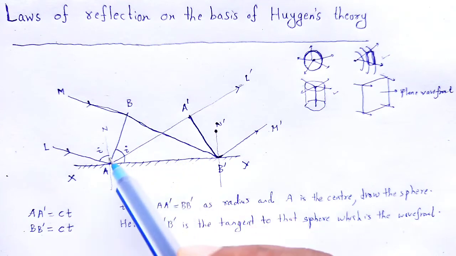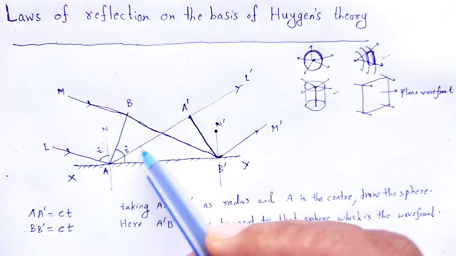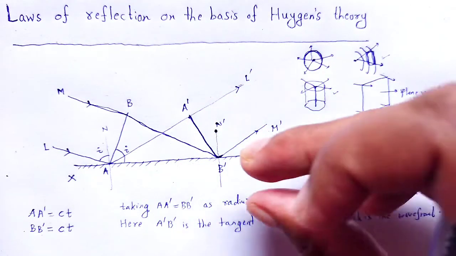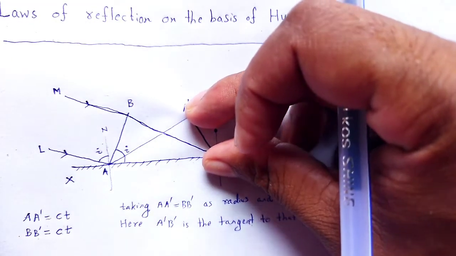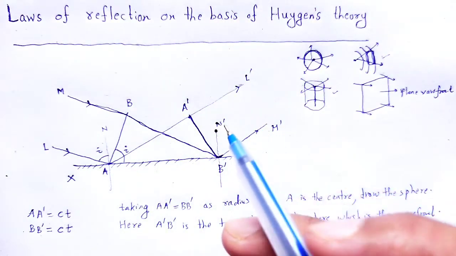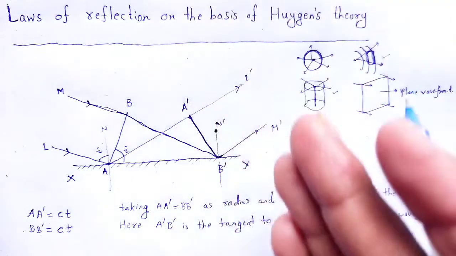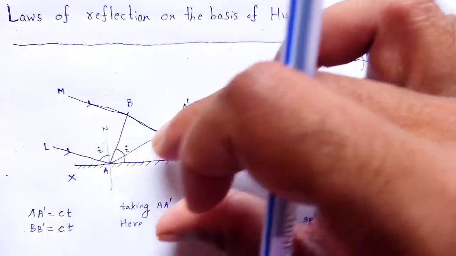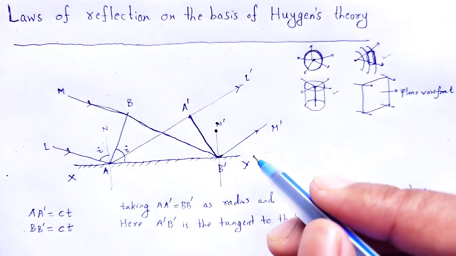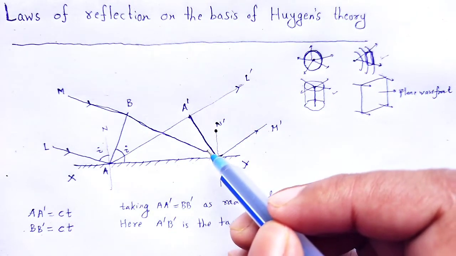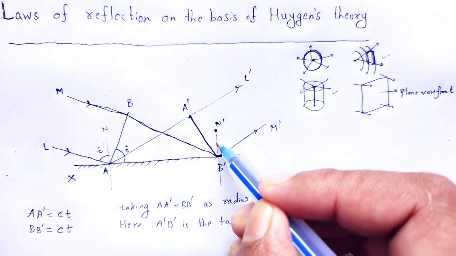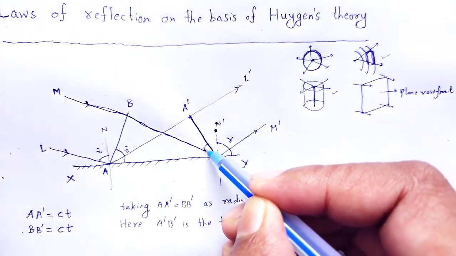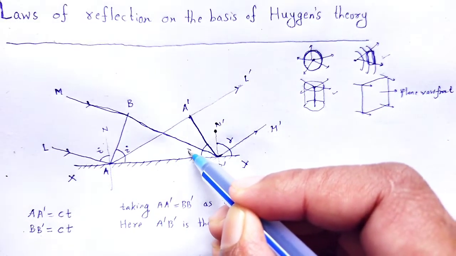Taking A as center, we draw the sphere. So A dash B dash is tangent to that sphere, which is the reflected wavefront. AB is the incident wavefront, A dash B dash is the reflected wavefront. So the angle between the normal and this is equal to r, that angle is also r.